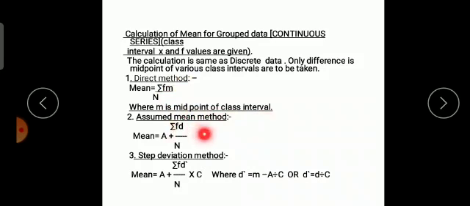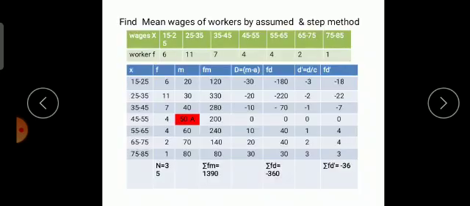Then for the assumed mean method, the formula remains the same as the discrete, and for the step deviation method also the formula remains the same as the discrete method. So let's take one problem here and find the solution for it.